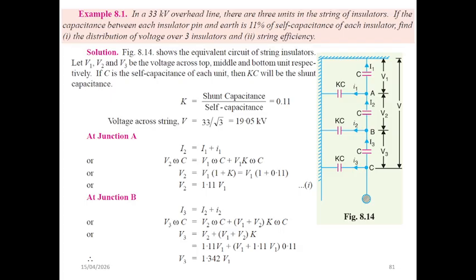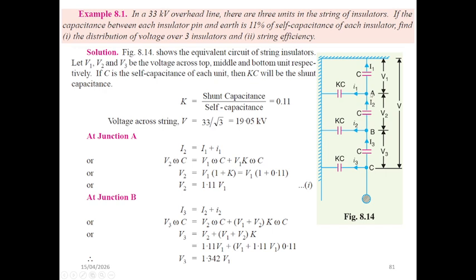By using Kirchhoff's current law, KCL, at different junctions, the current and voltages across each insulator disc can be expressed in terms of the top unit voltage, V, and at junction A, we already discussed this equation.